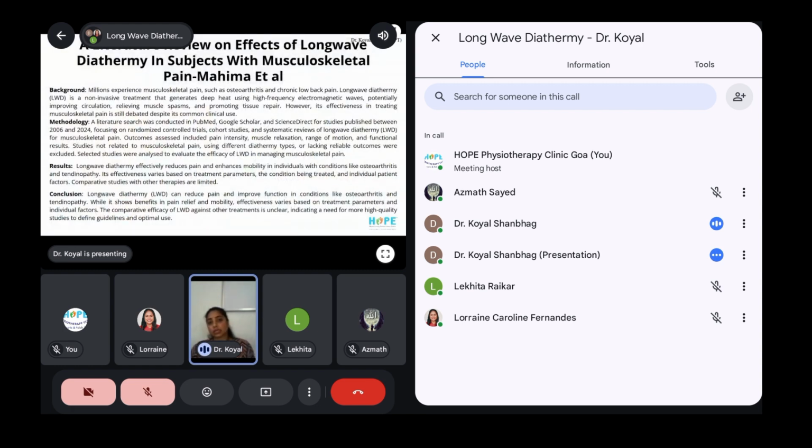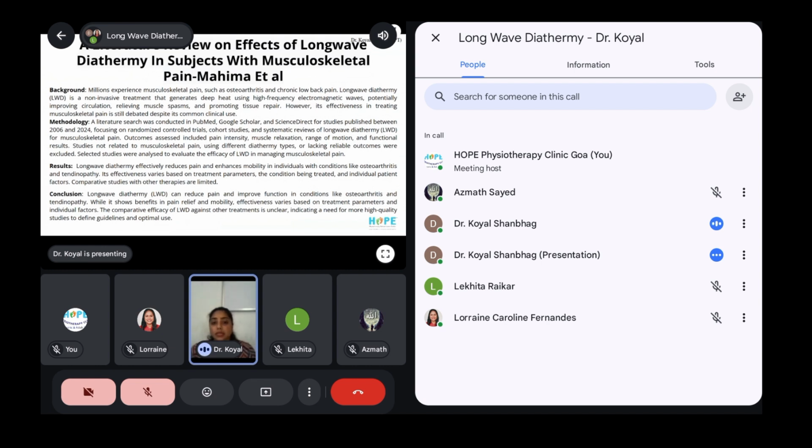There was a literature review on the effects of long wave diathermy in subjects with musculoskeletal pain by Mahima et al. Many studies were collected from PubMed, Google Scholar, and Science Direct, between 2006 and 2024, focusing on randomized controlled trials, cohort studies, and systematic reviews on long wave diathermy for muscular pain.